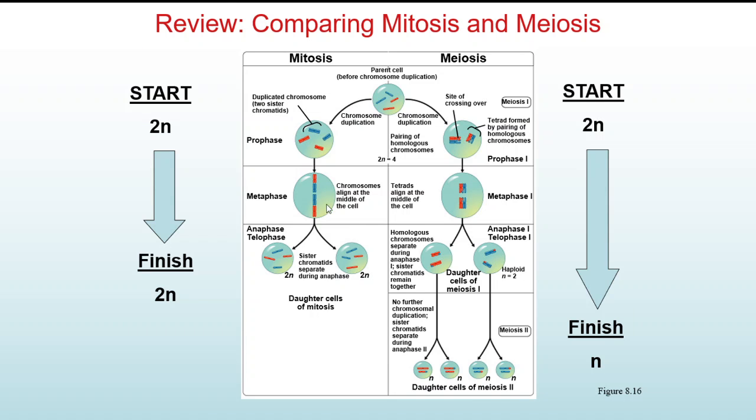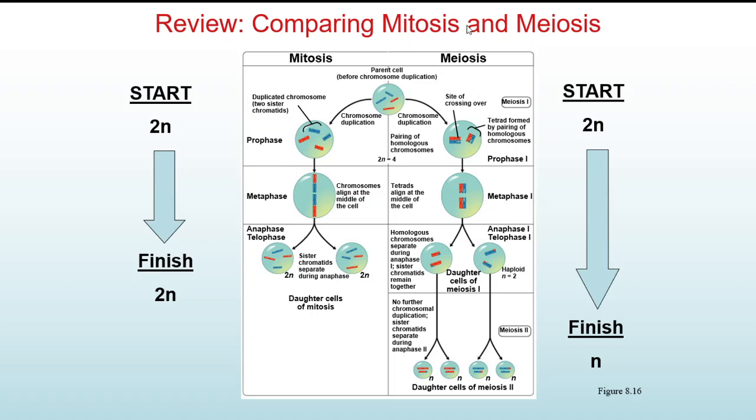Okay, so this is the big idea between mitosis and meiosis. Mitosis, which happens in your body all the time to repair your cells, starts with your 2N, 46 chromosomes. You go through a duplication, and then it makes 2 identical cells. So in mitosis, you make 2 identical cells.